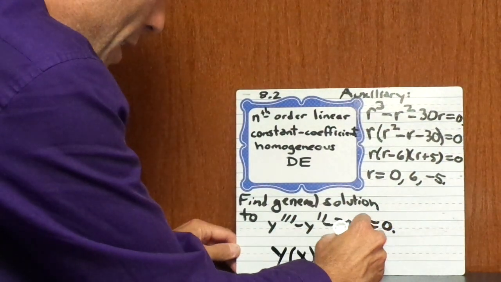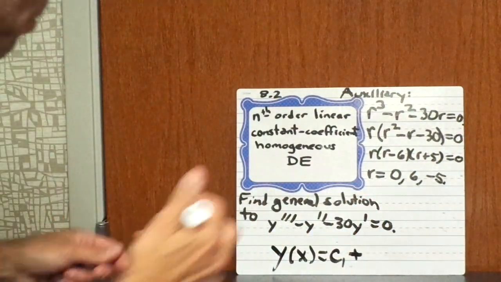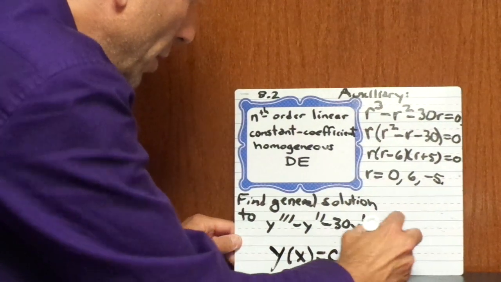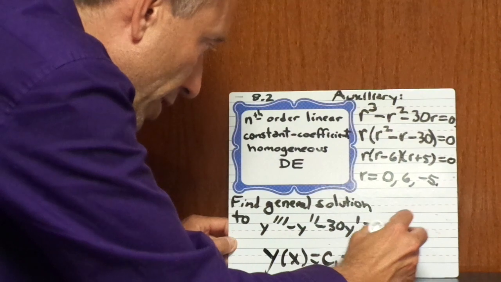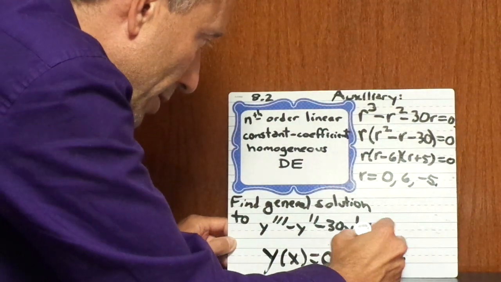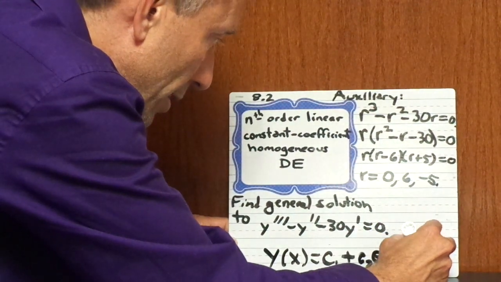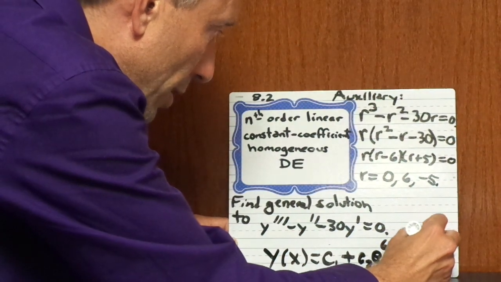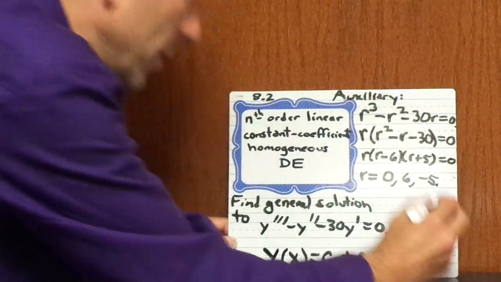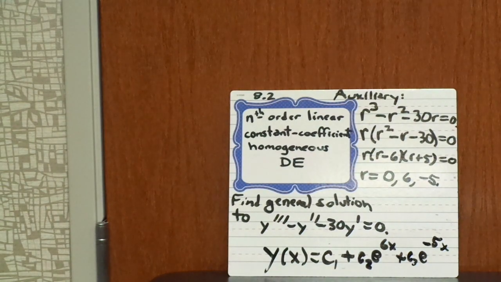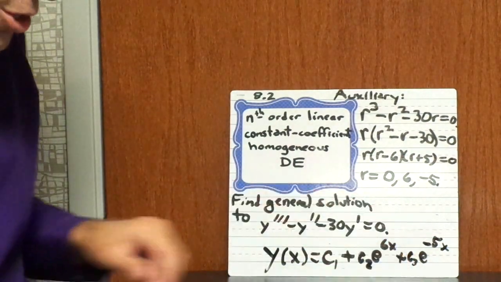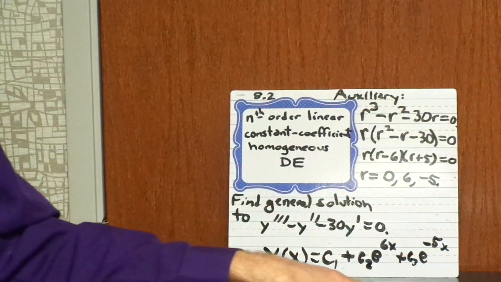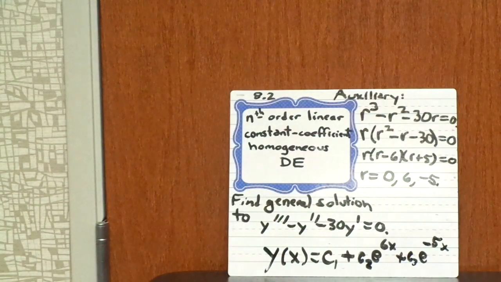So I don't have to write that down because e to the 0 is just 1, plus c2 e to the 6x, this is very hard to write, plus c3 e to the negative 5x. So hopefully that is readable. That is the solution. Okay, so the different r values are showing up as the exponents of the general solution.